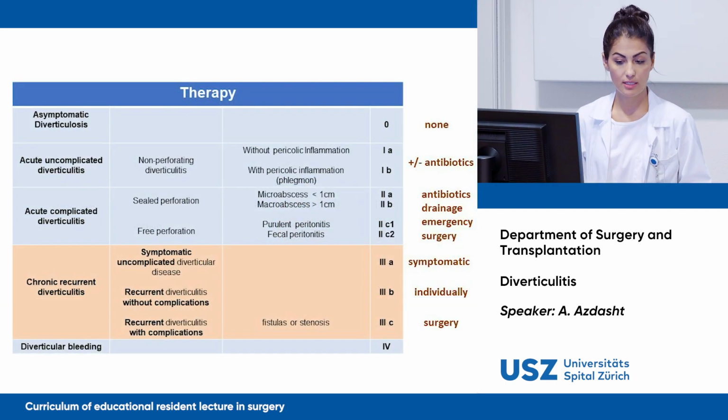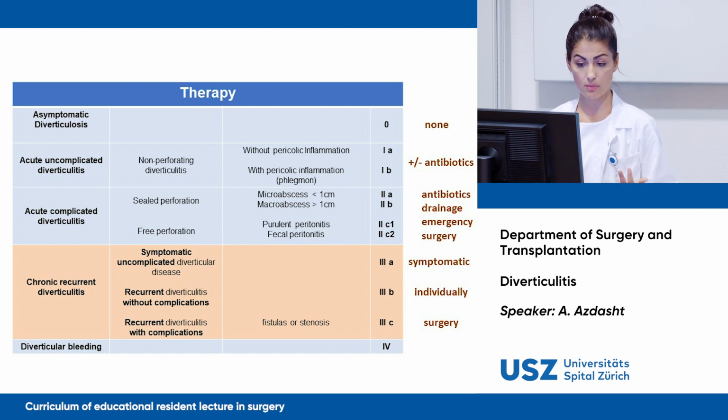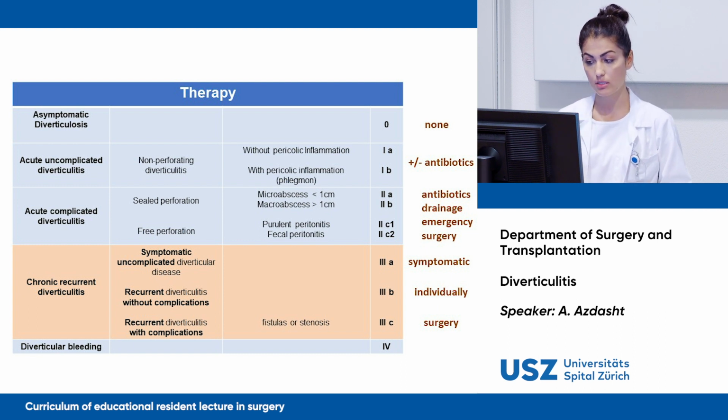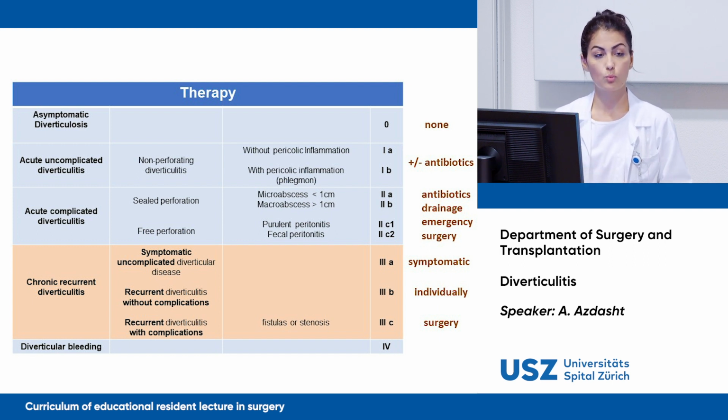So the chronic recurrent diverticulitis is subclassified in 3 groups. First of all, we have the symptomatic uncomplicated diverticular disease, where you, as the name already mentions, just do symptomatic treatment with painkillers. On the other hand, the third one is the recurrent diverticulitis with complications, such as fistulas and stenosis, where you go for surgery.